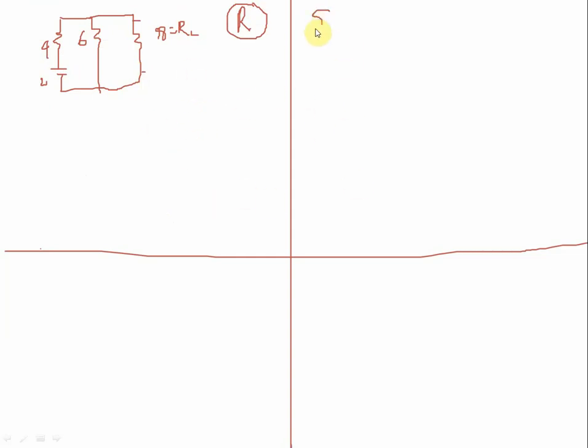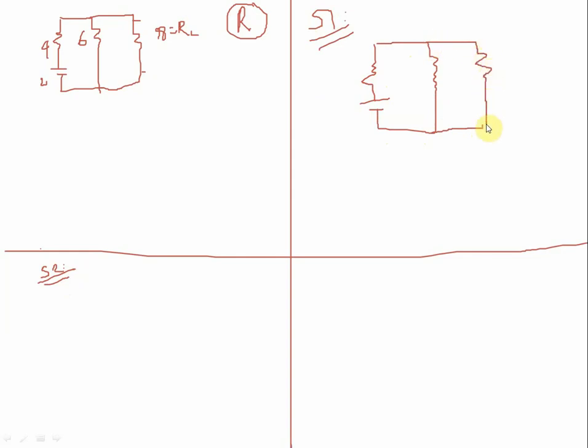Reciprocity theorem has only two steps: step number 1, step number 2. Step number 1: draw the circuit diagram again, with the resistance, source, one more resistance, and the load resistance.